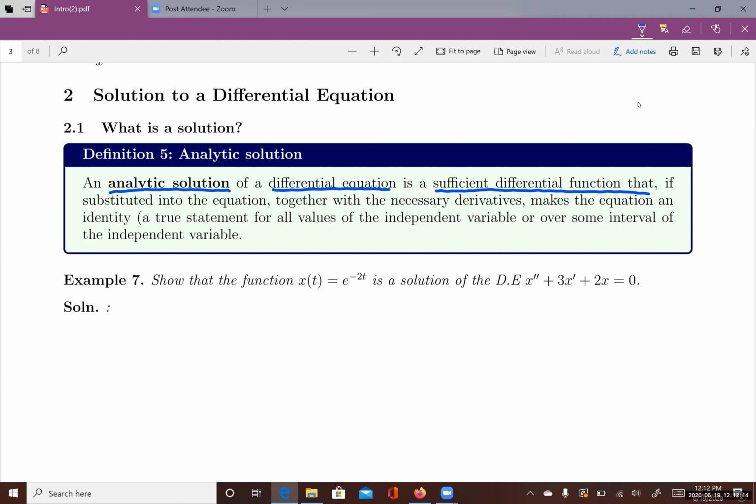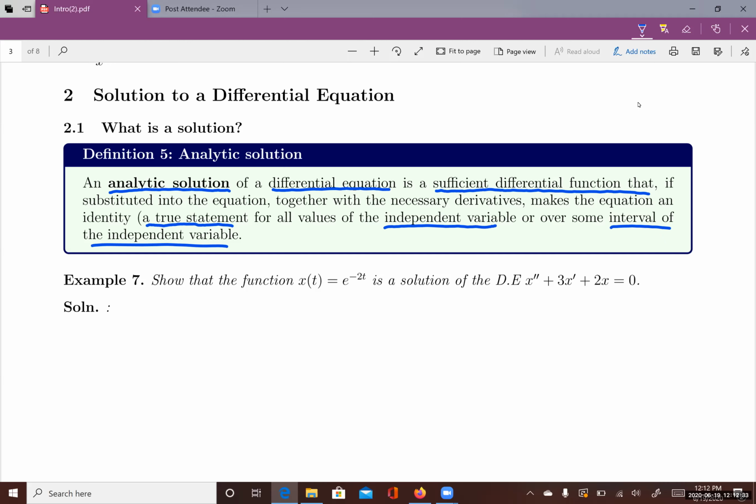If you substitute it into the equation together with the necessary derivatives, it makes the equation an identity. That means it will make a true statement for all the values of the independent variable or over some interval of the independent variable.